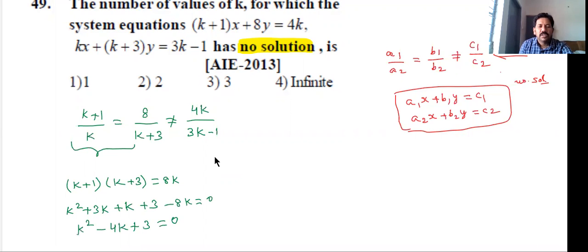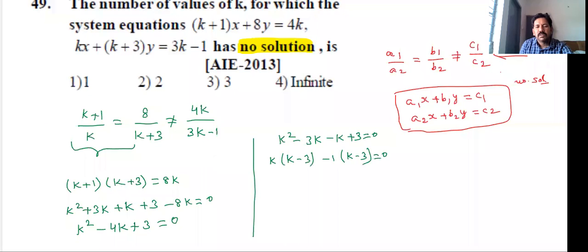Now here, split into factors: k square minus 3k minus k plus 3 is equal to 0. These are the factors. Now take common k: k minus 3, minus 1 common, k minus 3 is equal to 0.